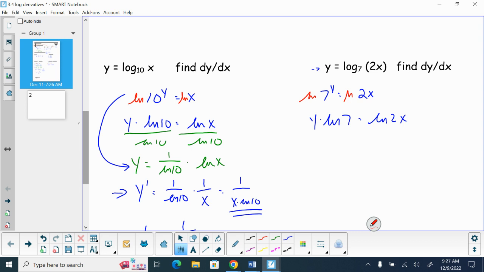Use that as a coefficient, because once again, ln of 7 is just a number. So 1 over ln of 7. Then we can take our derivative.